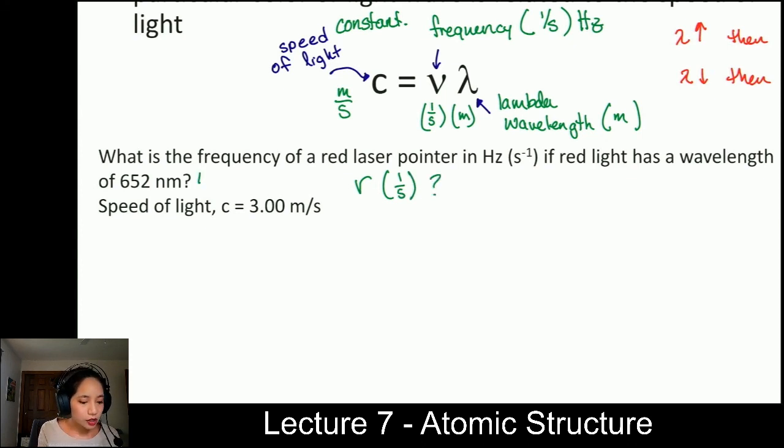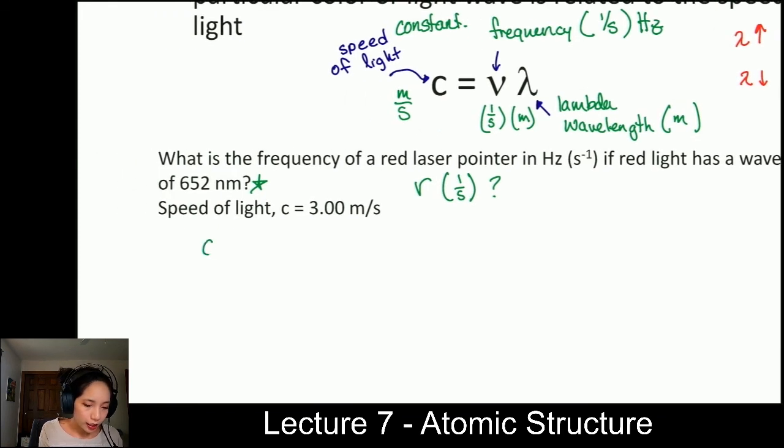So that's what we're after, and they're giving us a wavelength. The only equation that we've talked about thus far in this lecture is this one up here, so I think we're going to be using this equation to get our answer. Thankfully, they give us wavelength, so that's this variable. We know the speed of light, that's a constant, so we can solve for frequency.